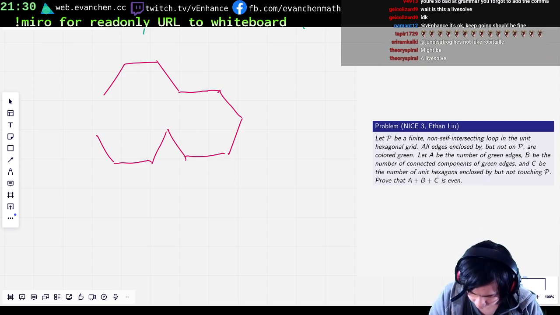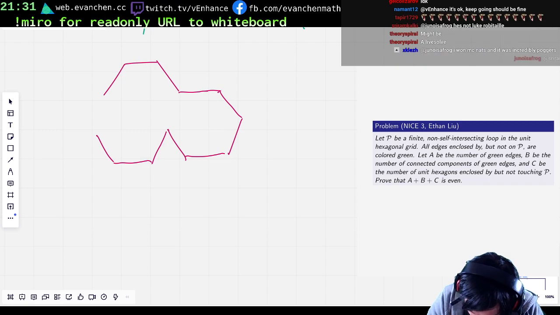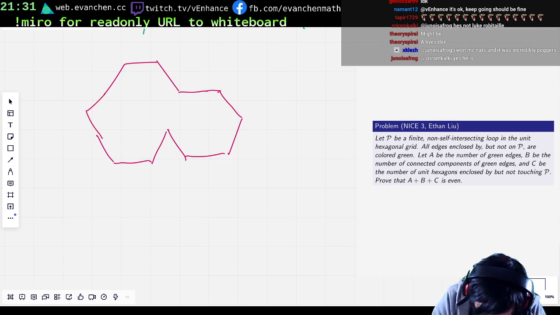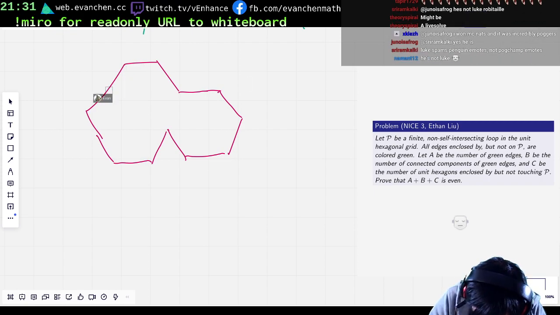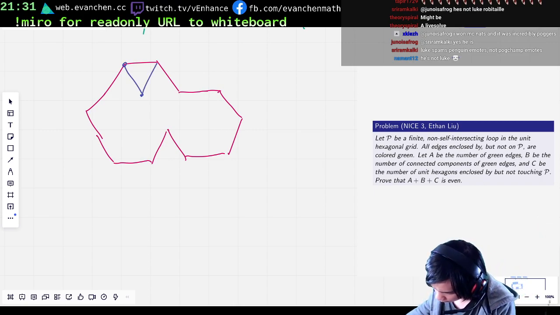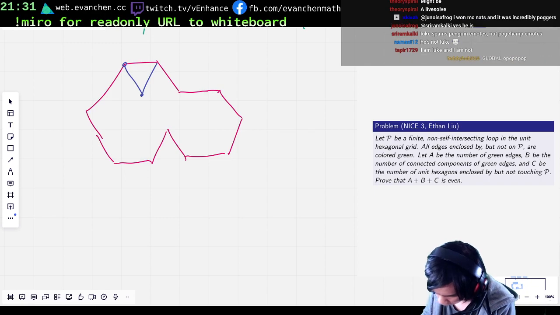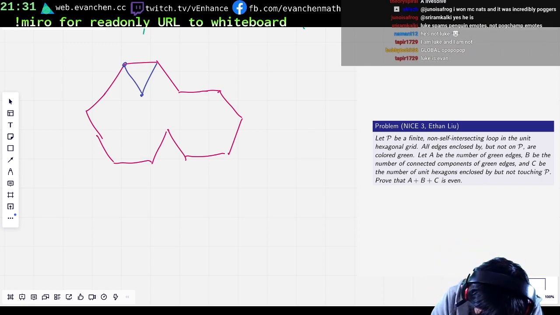Okay, sorry, back to math. I'm trying to draw a hexagonal grid. So there's a hex grid, and everything inside is colored green.